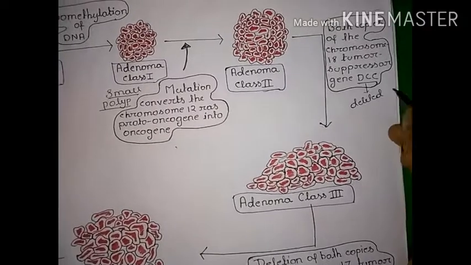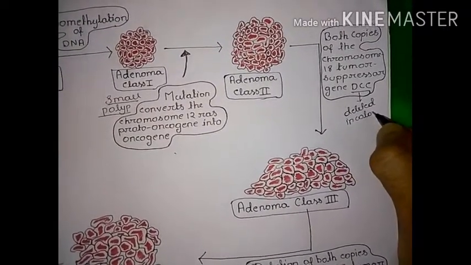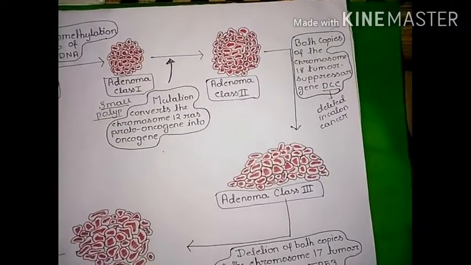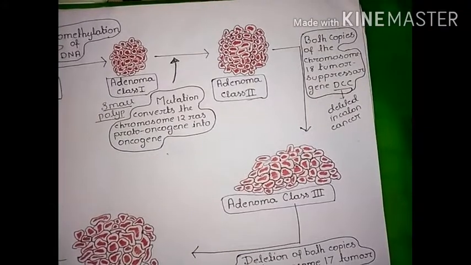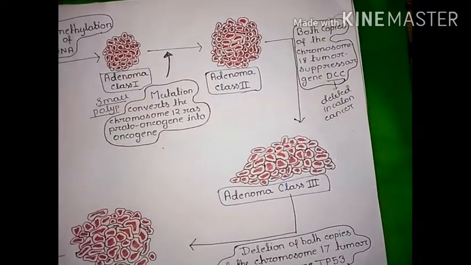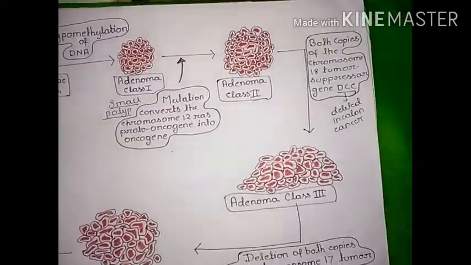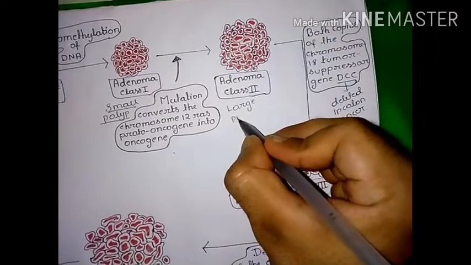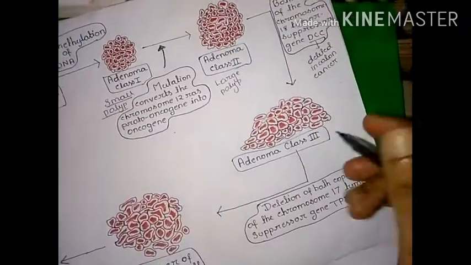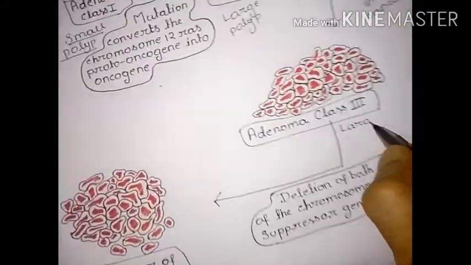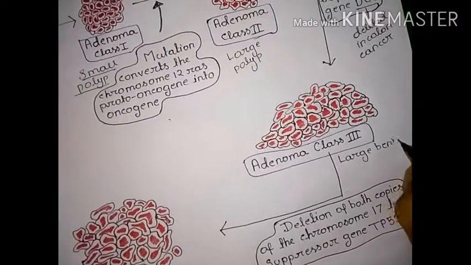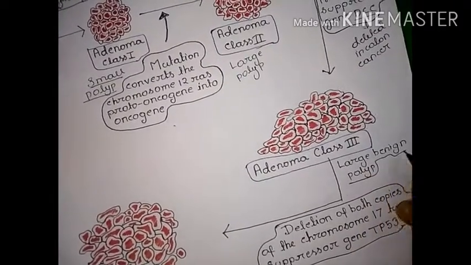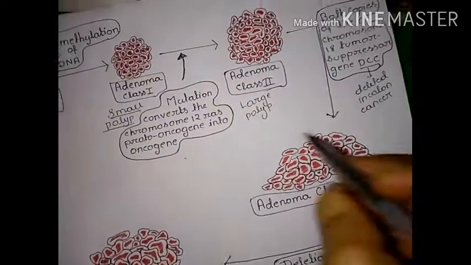Adenoma class 2, you can say, is a large polyp, and adenoma class 3 is a large benign polyp. Adenoma class 3 is also a type of benign tumor.